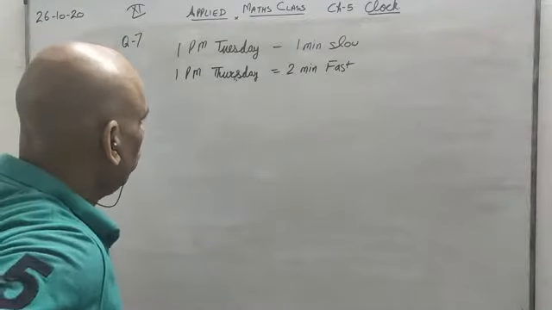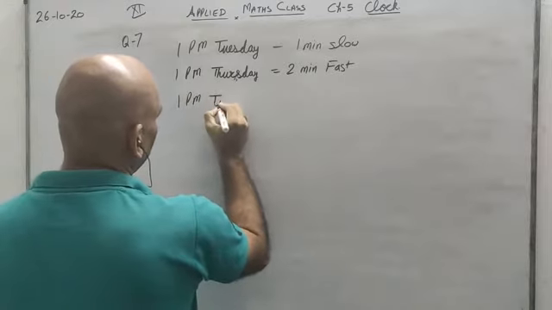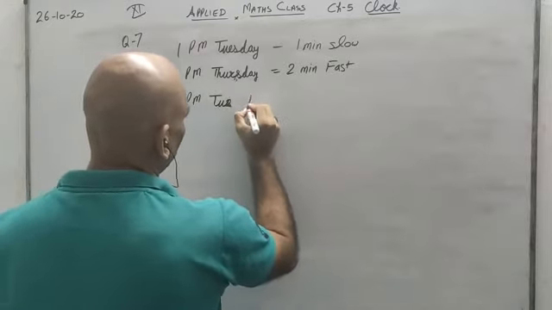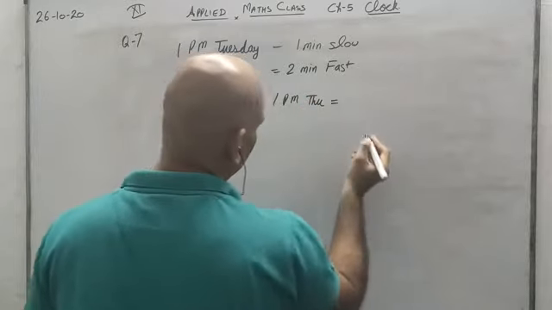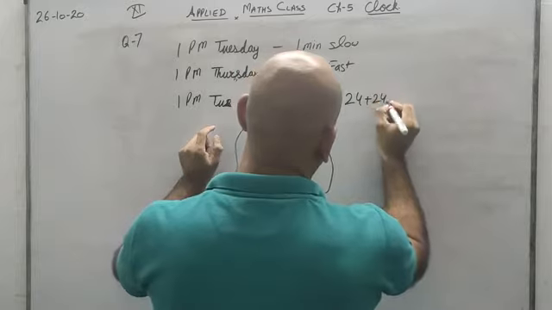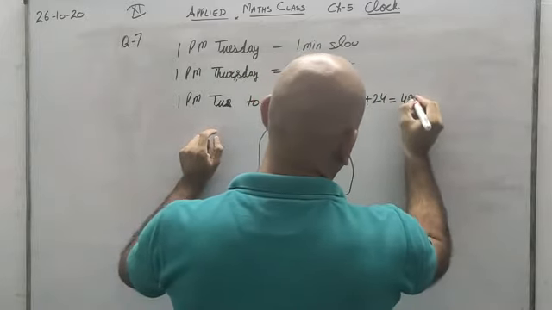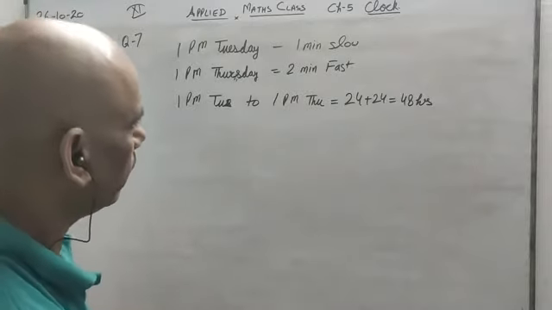Okay. So 1 p.m. Tuesday to 1 p.m. Thursday is equals to 24 plus 24, 48 hours. And what has happened in 48 hours?